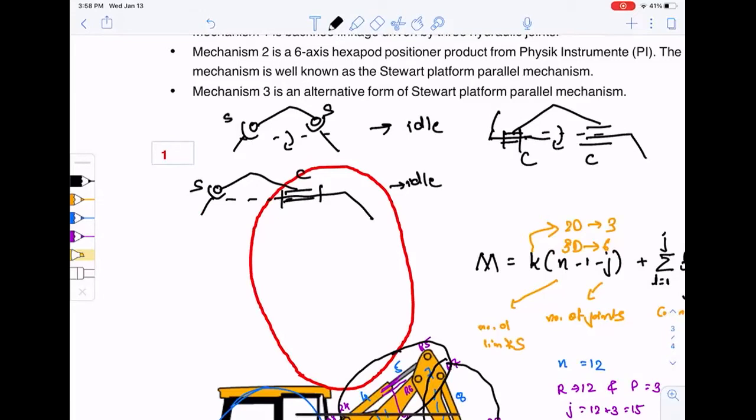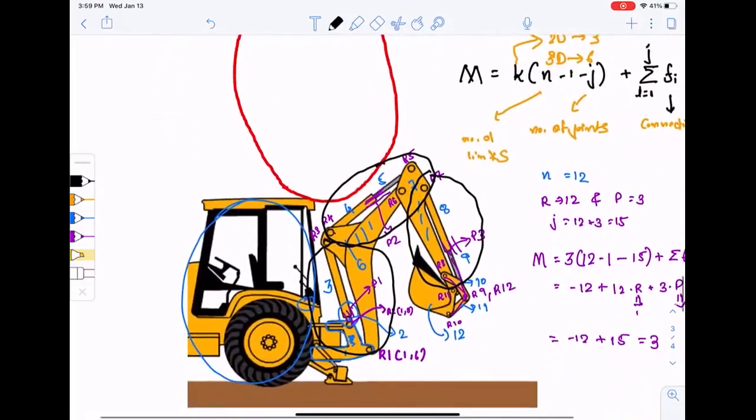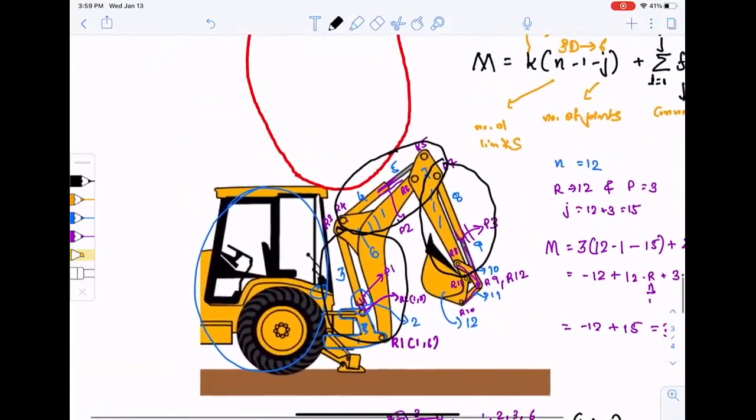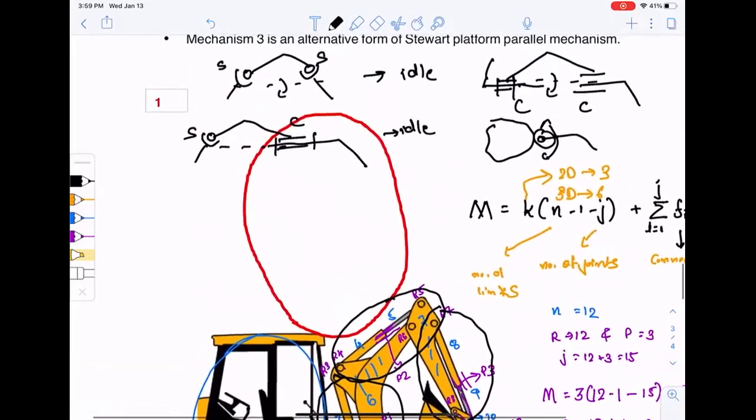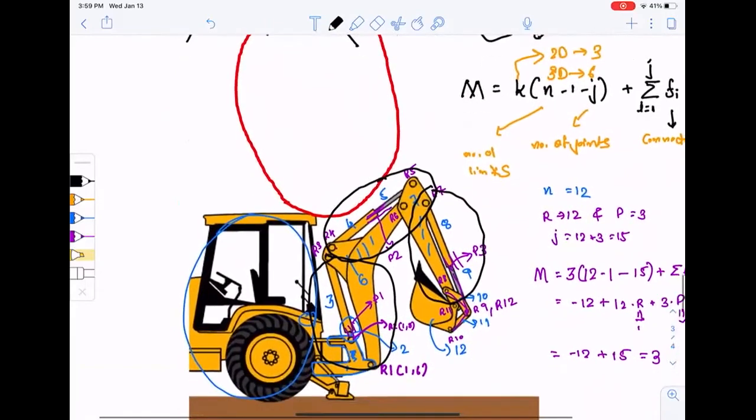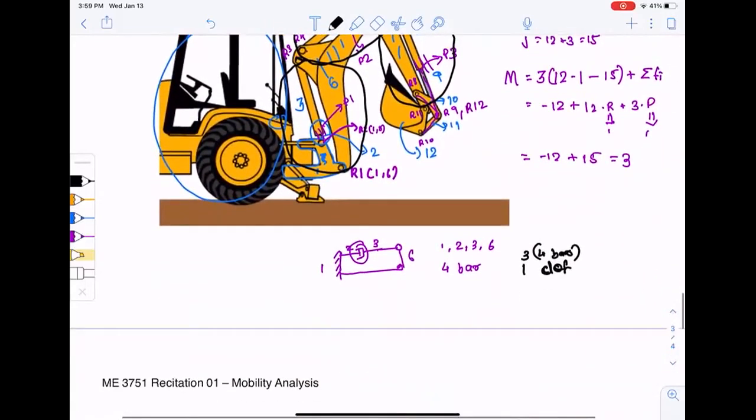And on top of that, if we have cam, then this will be idle. So in these four cases, we have idle degrees of freedom. So if you see, there are none of the link and joint combinations that resemble this. So we can say that there are zero idle DOF.